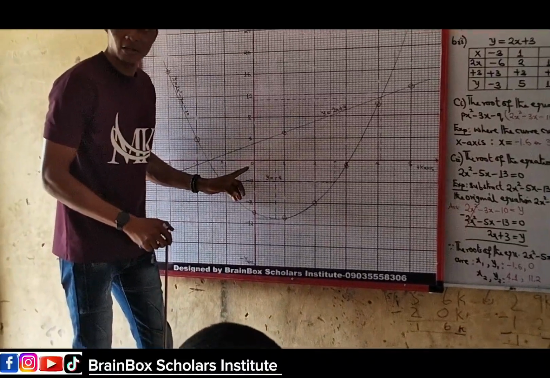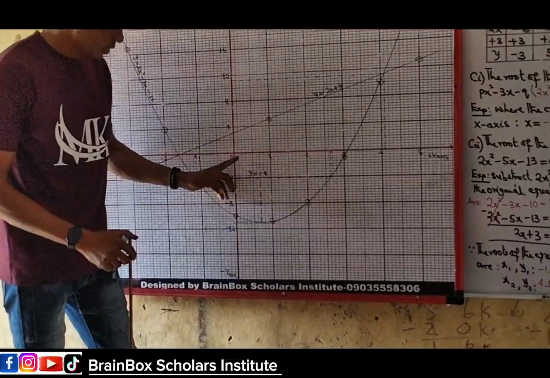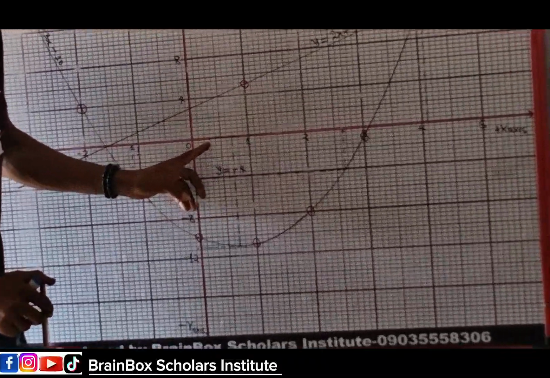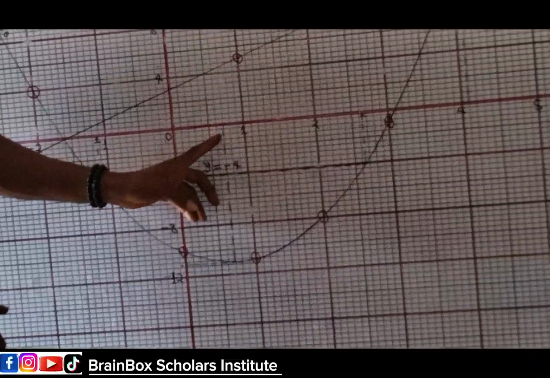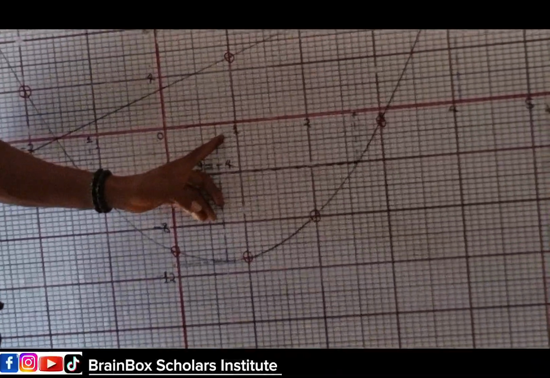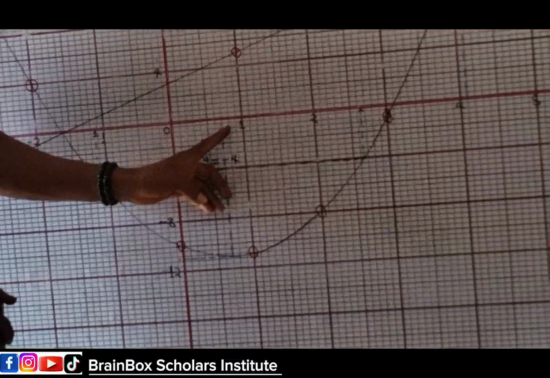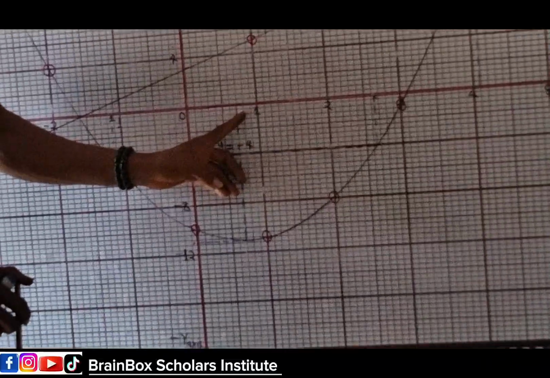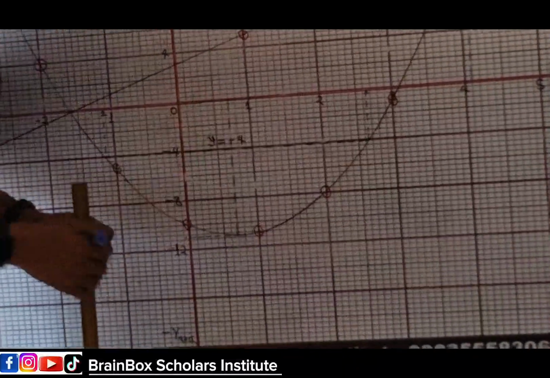This is 0. 0.1, 0.2, 0.3, 0.4, 0.5, 0.6, 0.7, 0.8. So in between 0.7 and 0.8 is where I will have 0.75, which is here.